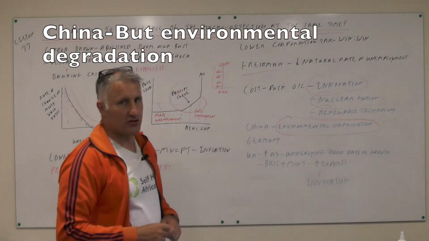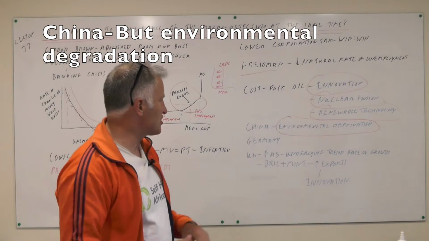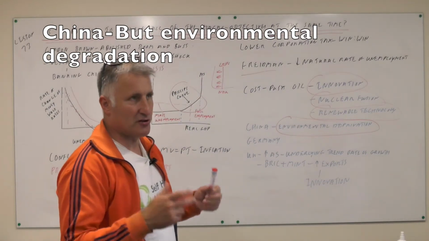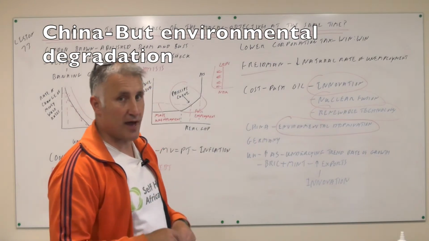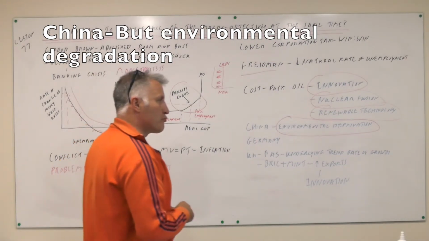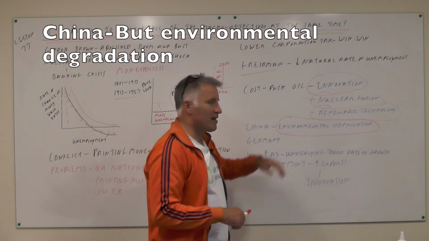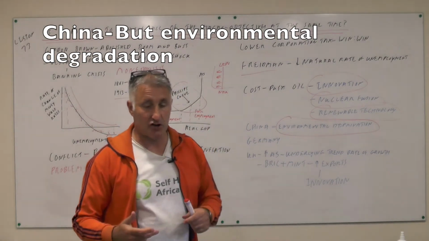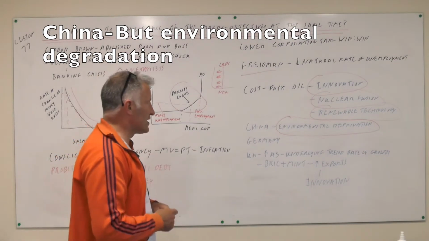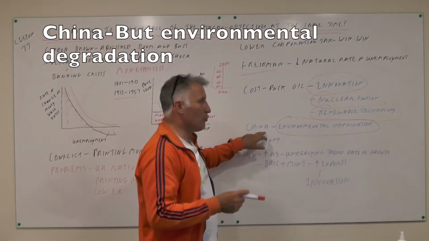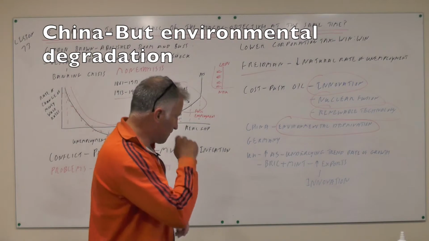In fact, out of the 10 most polluting cities in the world, 7 out of those 10 can all be found in China. There are some pretty astonishing figures about the environmental degradation in China, but it has achieved high rates of growth. So there is a conflict in there, but not with the traditional macroeconomic objectives.